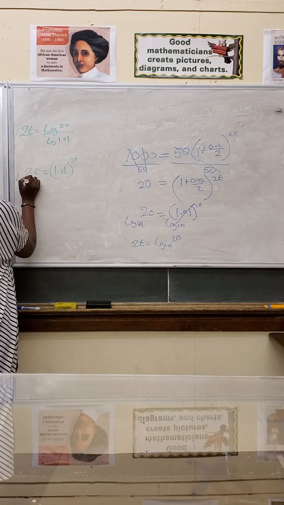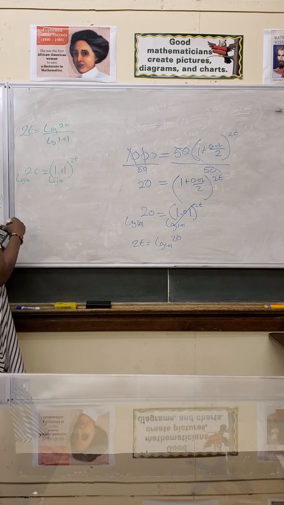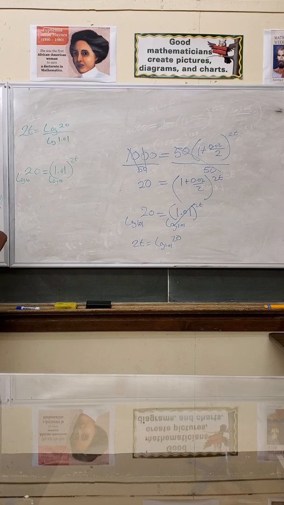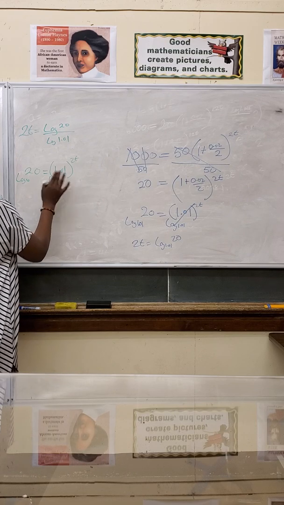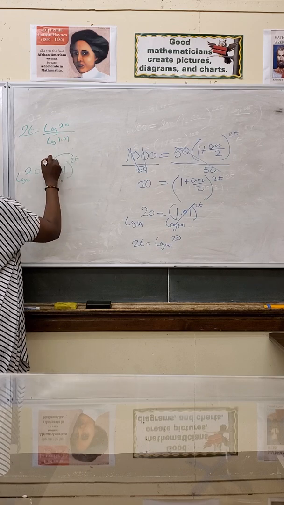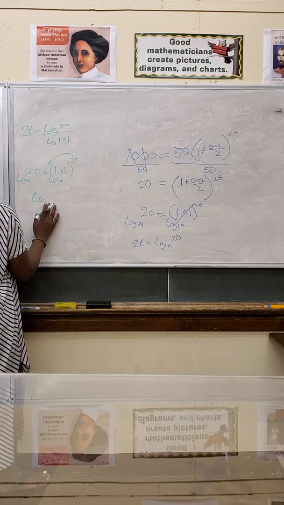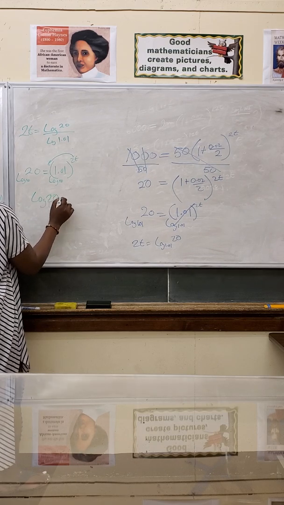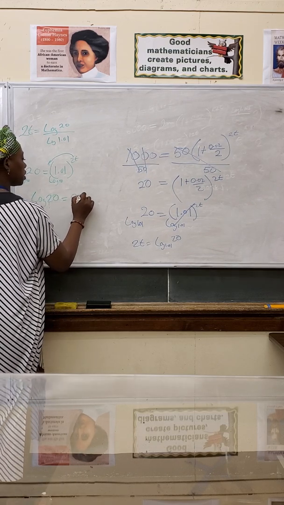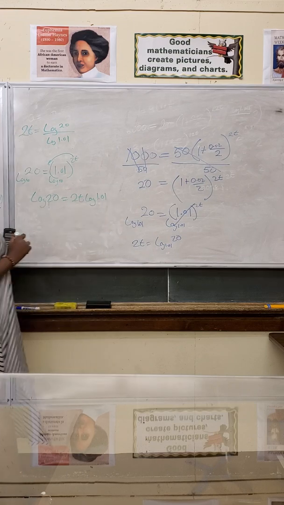So we're taking the log base 10 here and the log base 10 here. Because this is 2t, it goes to the front since it's an exponent. We don't have to write base 10 because that's already known. Log of 20 is equal to 2t log of 1.01.